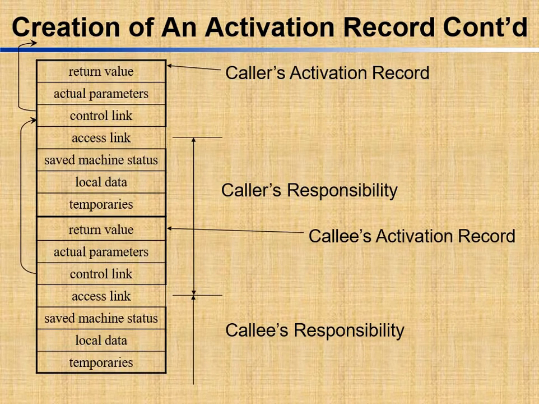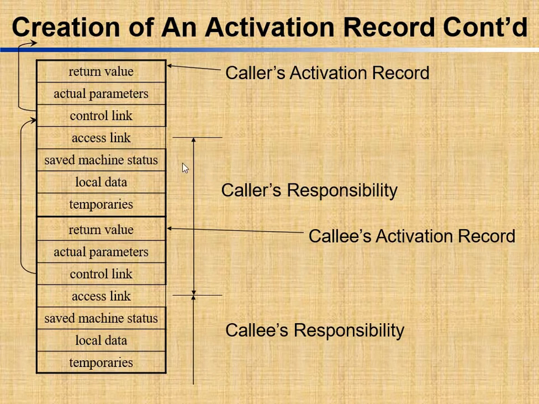So this is the creation of an activation record. Here we already saw the return value, actual parameters, control link, access link, saved machine status, local data, and temporary variables. This is the caller's activation record. In this manner the caller creates the activation record, and this portion is the caller's responsibility.